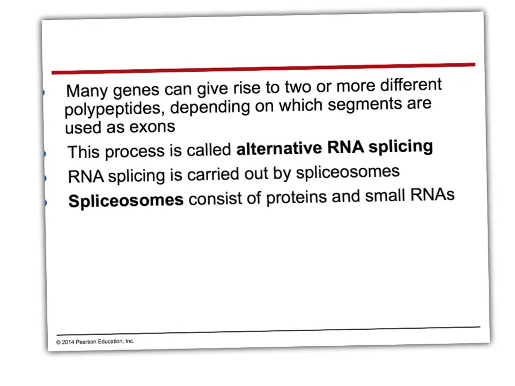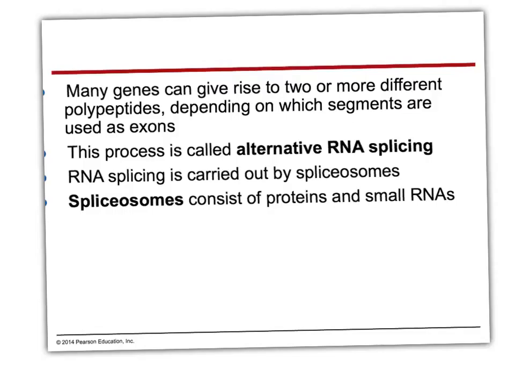Now, how does it do this? There are proteins within the cell that will recognize ends of exons. Actually, they're going to recognize the beginnings of introns. Junk DNA typically has a very conserved or similar characteristic sequence at the beginning of an intron, so you know a boundary of where the intron's going to be.